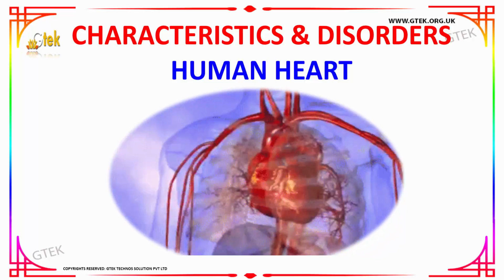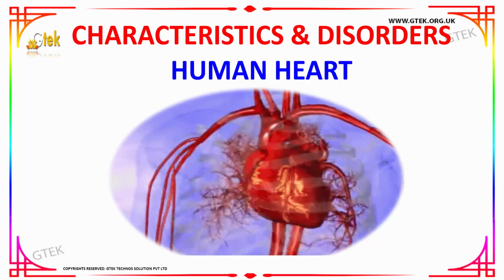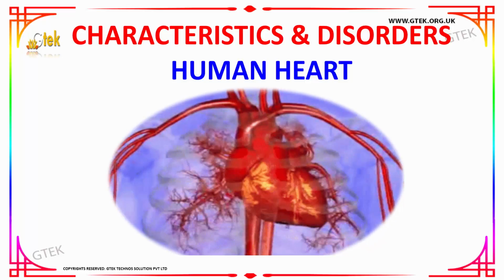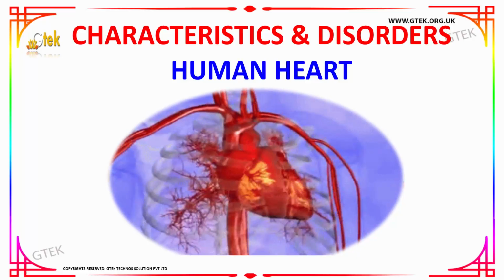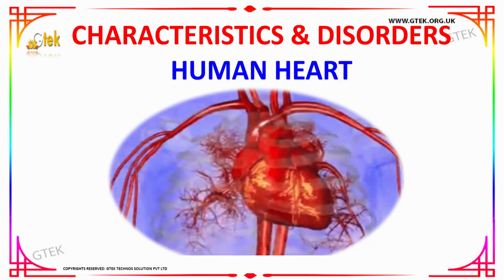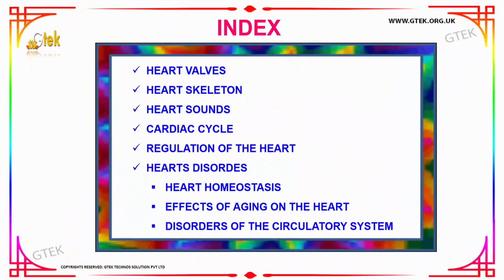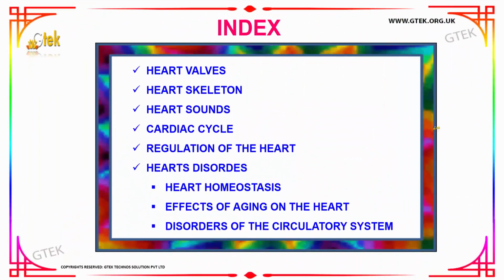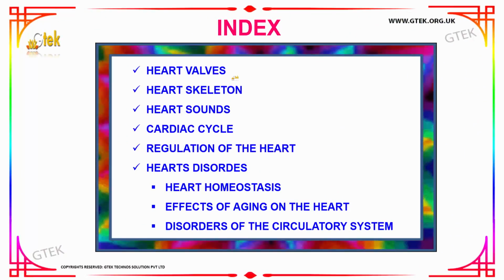Today we are going to discuss the characteristics and disorders that can occur in the human heart. These are the topics that we are going to cover in this session.